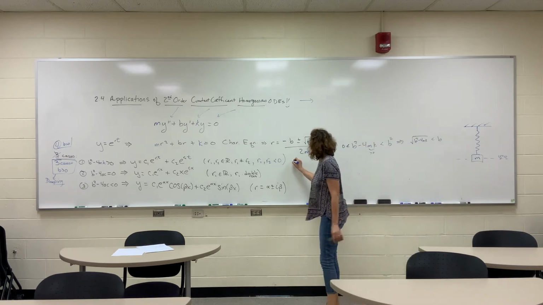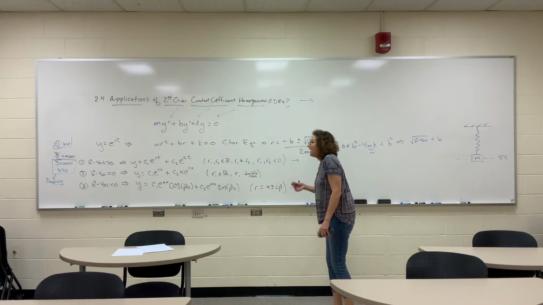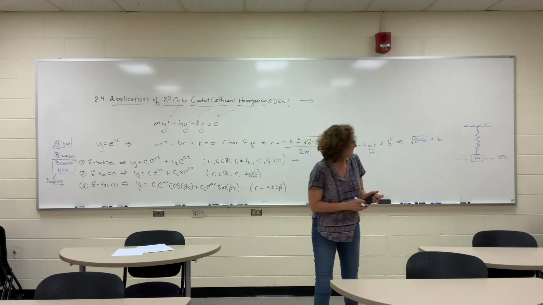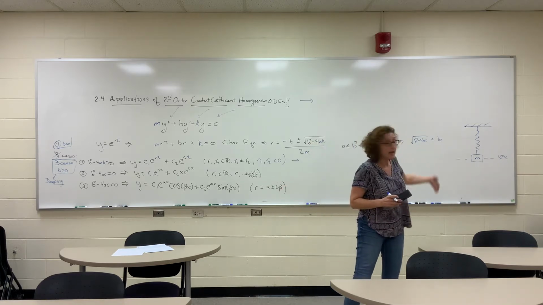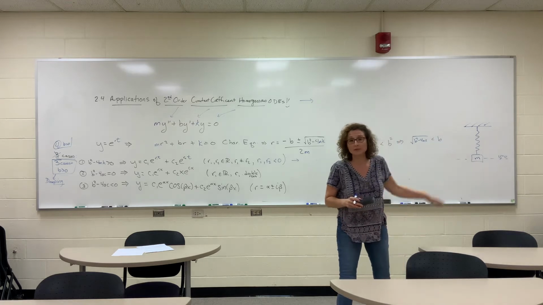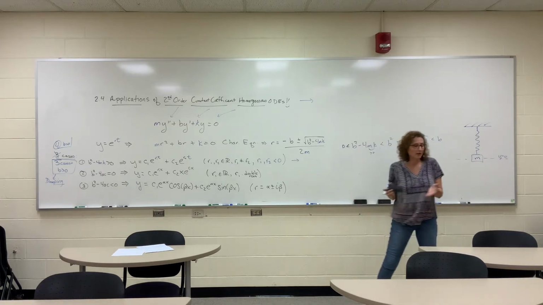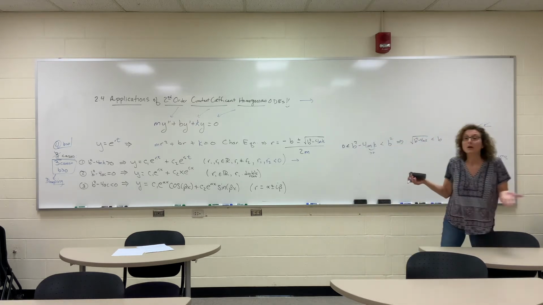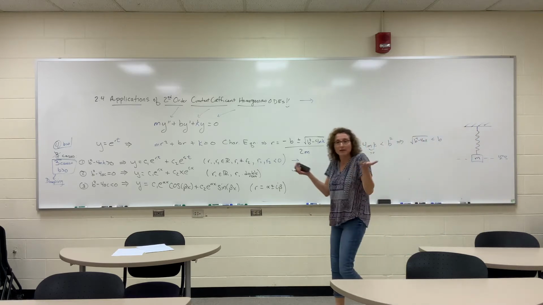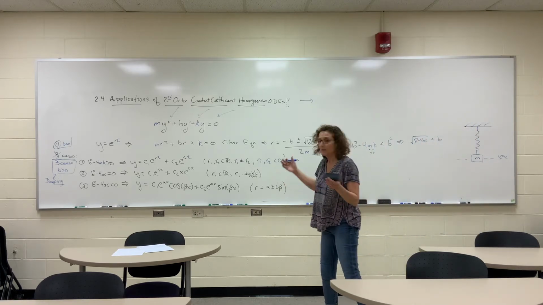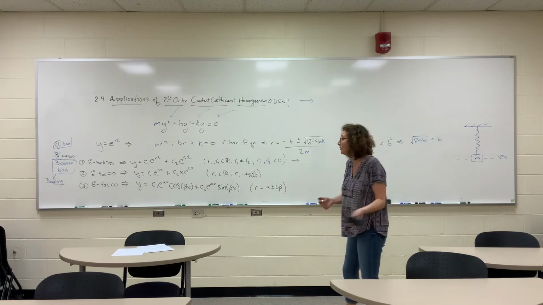What does that mean? If we're interested in long-term behavior, what's going to happen with this spring mass system? Spring mass systems, as you engineers know, are behind how you think about all kinds of different things. You'd like to know what happens in the long run.